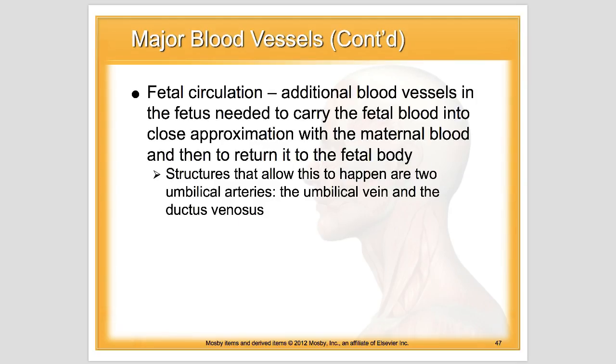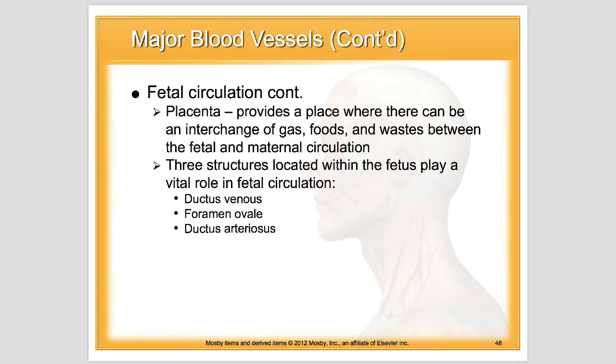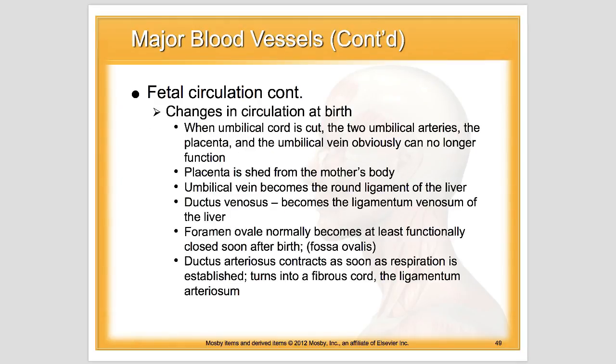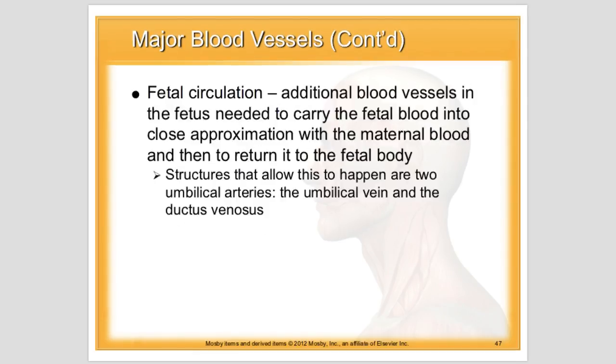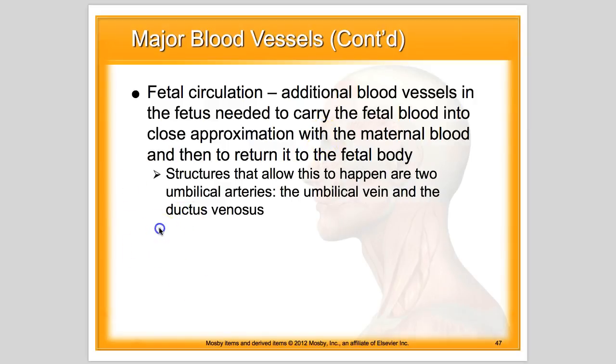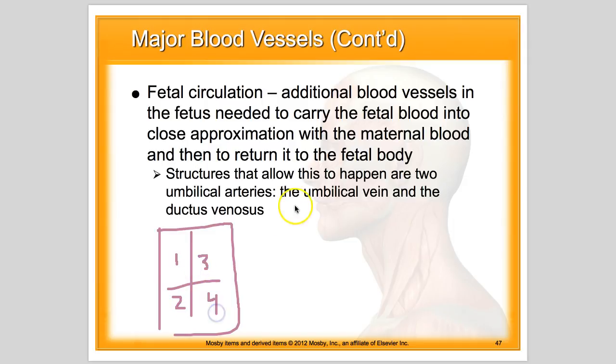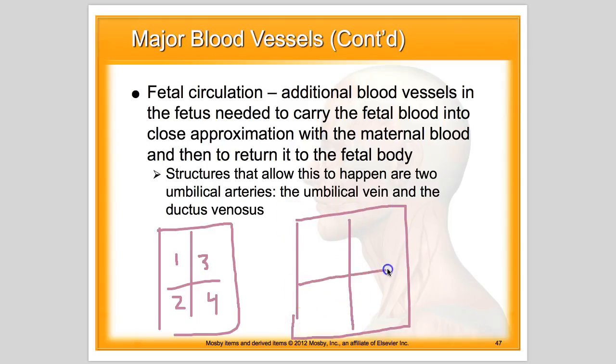This also talks about fetal circulation, because there's something that's very different about the fetal circulation, and that is because the lungs are not used in fetal circulation. I'll just have to draw this out here to explain it. So remember our heart. Here was our adult heart here, okay, and we went from 1 to 2 to 3 to 4, okay, but in fetal circulation, in a fetus, we're not using the lungs, right?